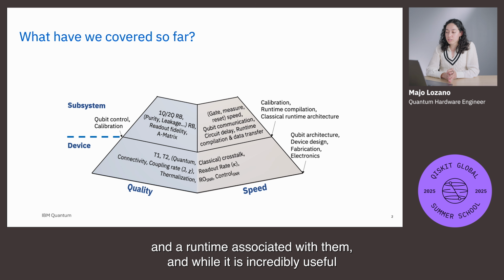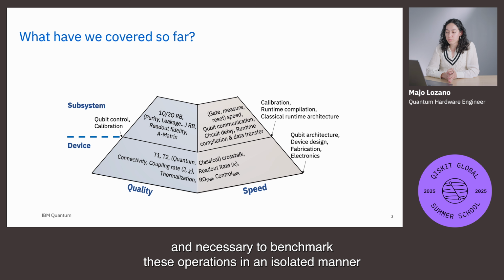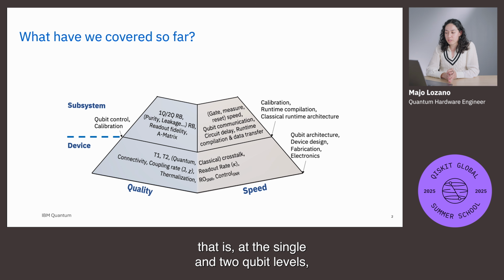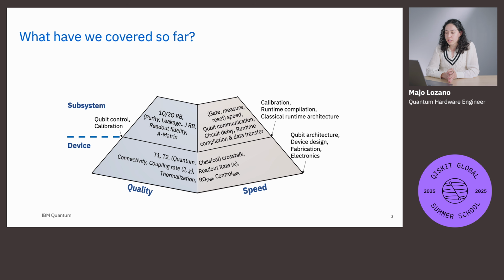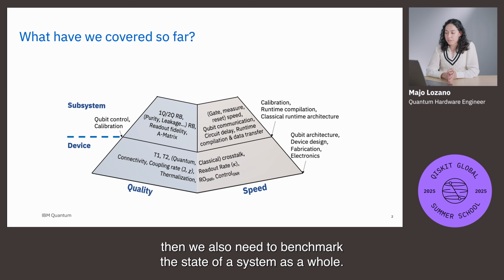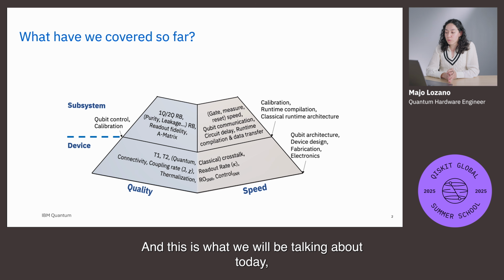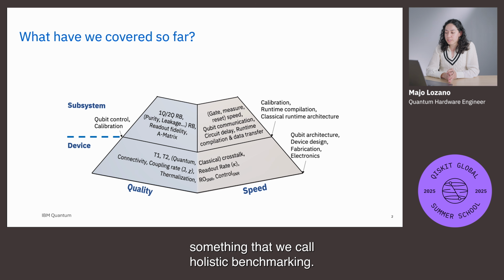And while it is incredibly useful and necessary to benchmark these operations in an isolated manner, that is, at the single and 2-qubit levels, we should not forget that if we want to run quantum circuits at the utility scale, then we also need to benchmark the state of a system as a whole. And this is what we will be talking about today, something that we call holistic benchmarking.